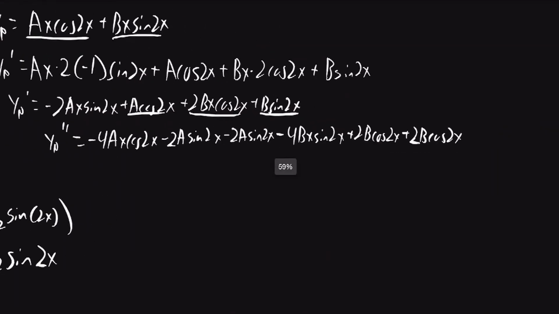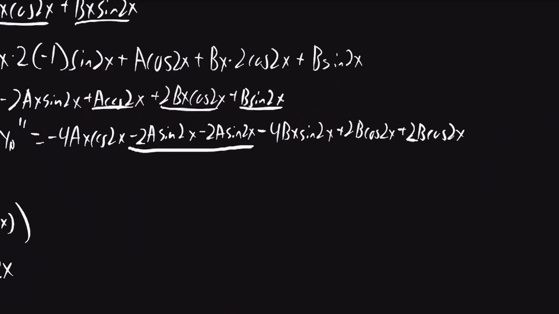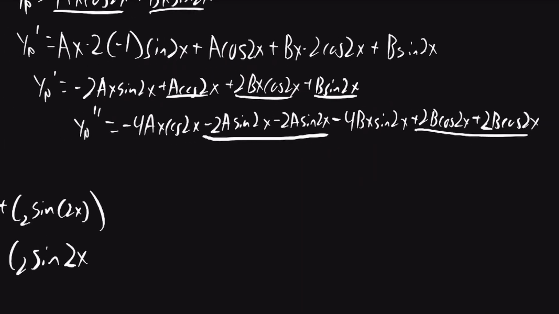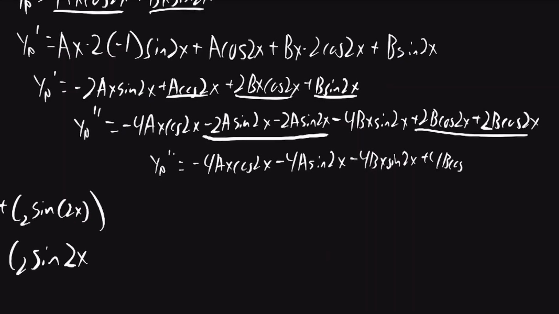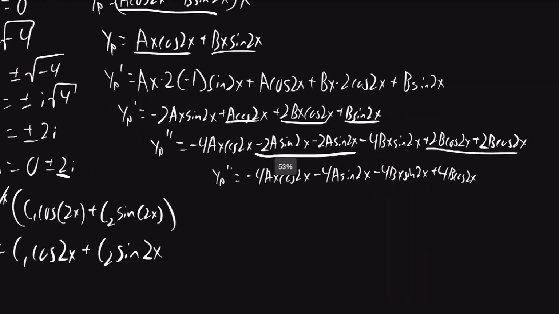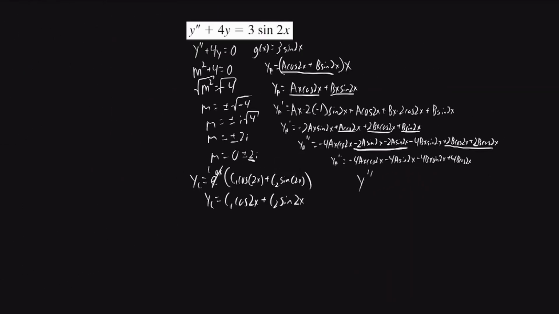We can combine some of these terms. We can combine both of these negative 2a sine 2x terms, as well as these 2b cosine 2x terms. So yp double prime will be equal to negative 4ax times cosine 2x minus 4a sine of 2x minus 4bx sine 2x plus 4b cosine 2x. The original differential equation was y double prime plus 4y is equal to 3 sine of 2x.